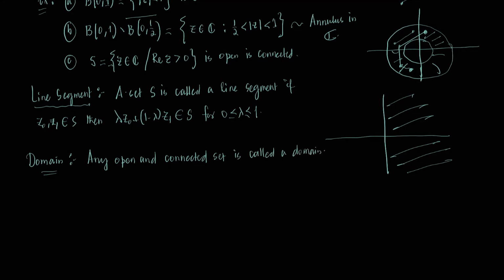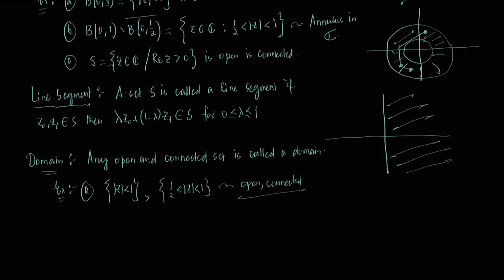Whenever we say domain in complex analysis, we always mean an open and connected set. What is an example? Let's say the set of all z with modulus of z less than 1, the open disk. That's a domain. The annulus, 1/2 less than modulus of z less than 1, that's a domain. These are all examples of open connected sets, so these are domains.